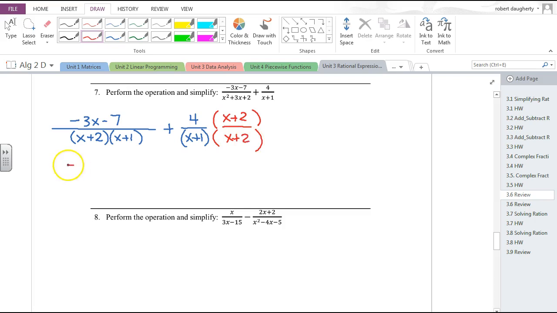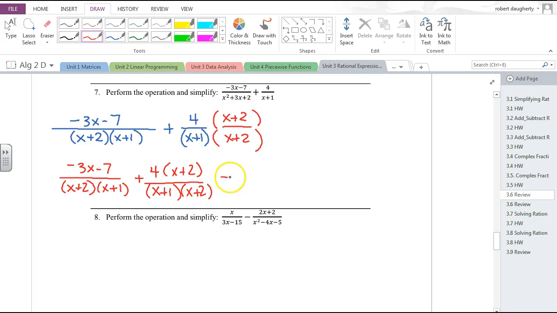I'm going to have negative 3x minus 7 over (x plus 2)(x plus 1), plus 4 times (x plus 2) over (x plus 1)(x plus 2). Denominators are the same. I can add the numerators.